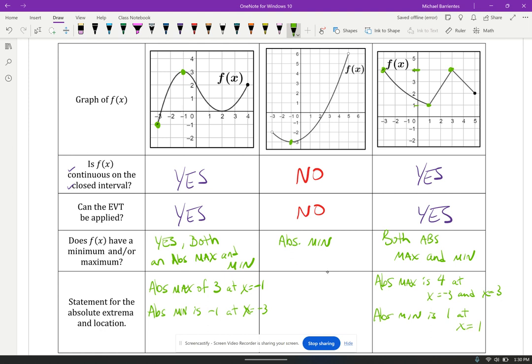So the statement tells the reader that you understand that the absolute maximum is the y value, and it occurs at 2 x coordinates, 2 x values. The absolute min is this y value, that's the lowest y value on the graph, and it occurs at x equals 1. And then for the middle one, there's an absolute min, and it is -3 at x equals -1.